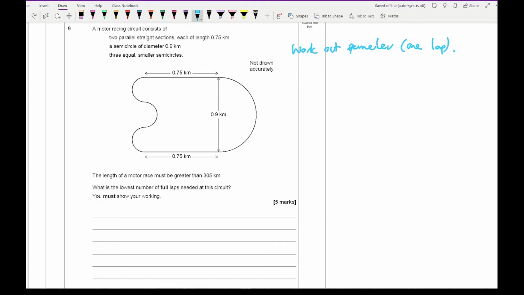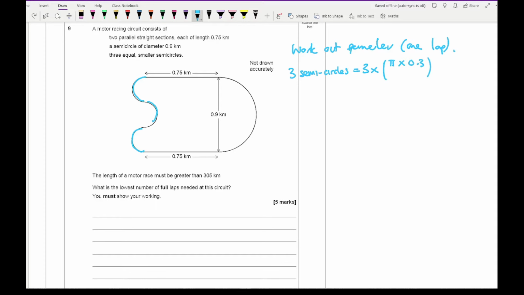So we notice that we've got a couple of sections. Here we've got these 3 semicircles, so that's going to be 3 times, and to work out the circumference of a semicircle, it's pi times the diameter divided by 2.